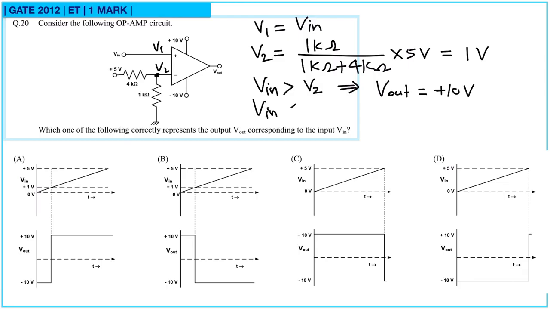And if V in is less than V2, then the output will be minus VCC, that is minus 10 volt. So we have to just check that. So when V in is less than 1 volt, output is minus 10 volt. So only option A is correct.